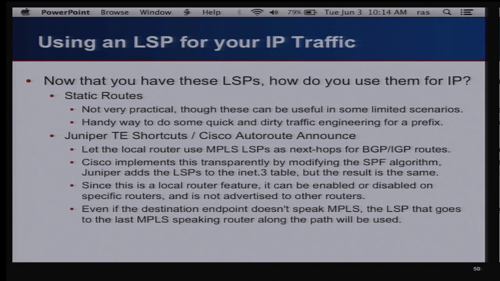The way Juniper does it is it has a routing table called inet.3, where it installs the LSP stuff. And when you enable these shortcuts, essentially all you're doing is letting the route use an LSP to reach its destination. So even if the original destination doesn't speak MPLS, the LSP will take you all the way to that last destination that does.